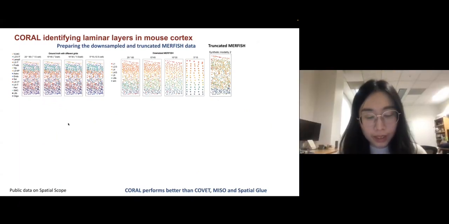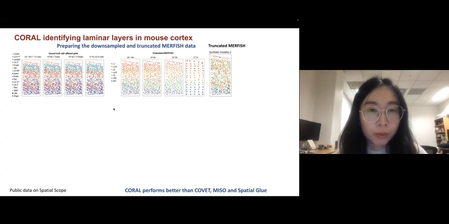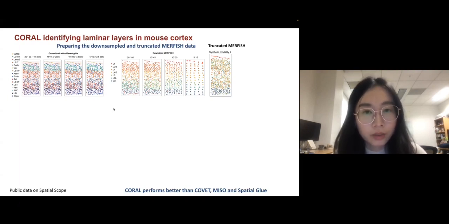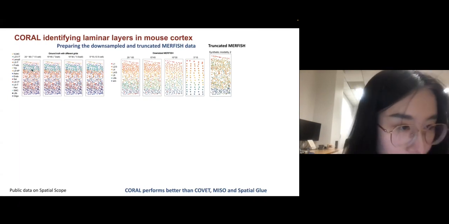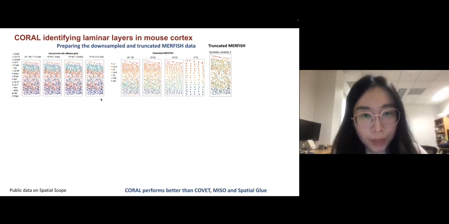So that is the first case, the simulation data, and we also translate into another one on mouse cortex. In this case, we have some tricks to focus on MERFISH itself. We have two versions of the MERFISH: downsampled MERFISH and truncated MERFISH. For downsampled, we try different scales, from a higher resolution one gradually to a more coarse one.